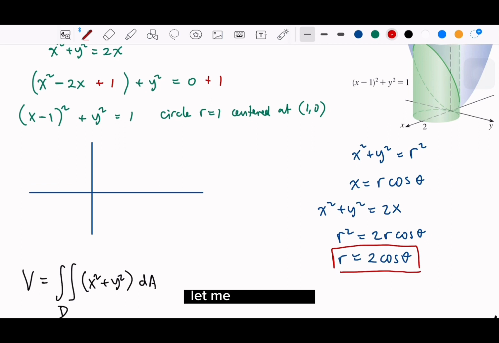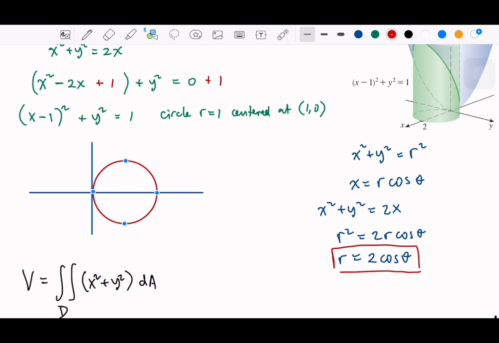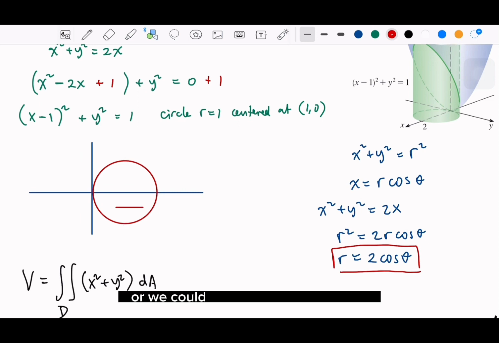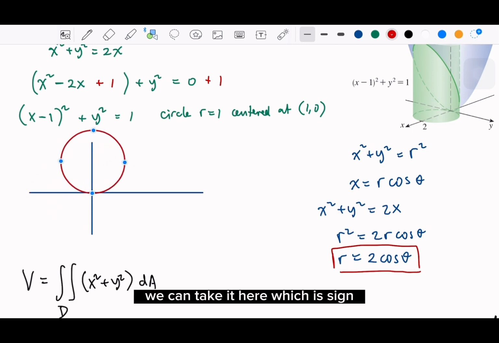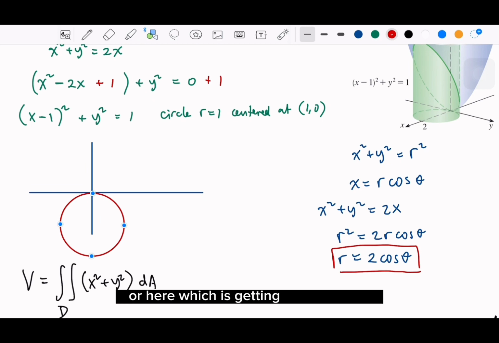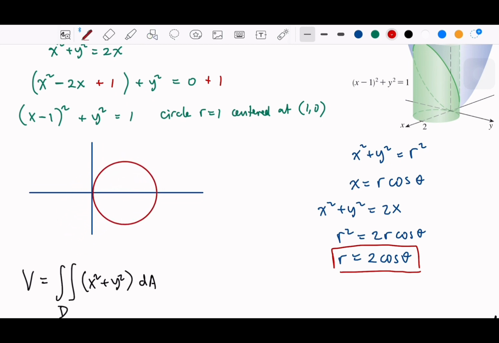We can have r cosine theta, or constant cosine theta, or we could also take it here and it becomes negative cosine theta. We can take it here, which is sine, or here, which is negative sine. So if you take this in here, what will be the angle?